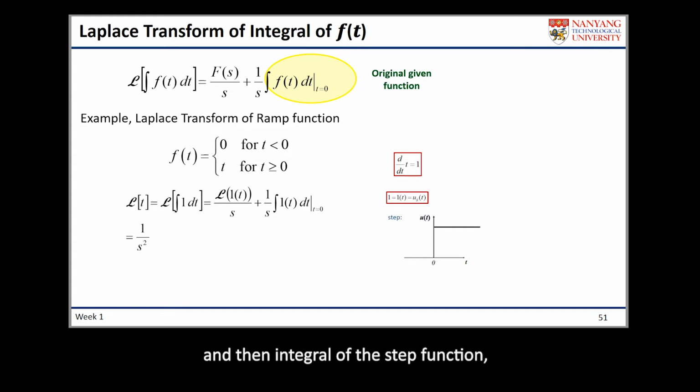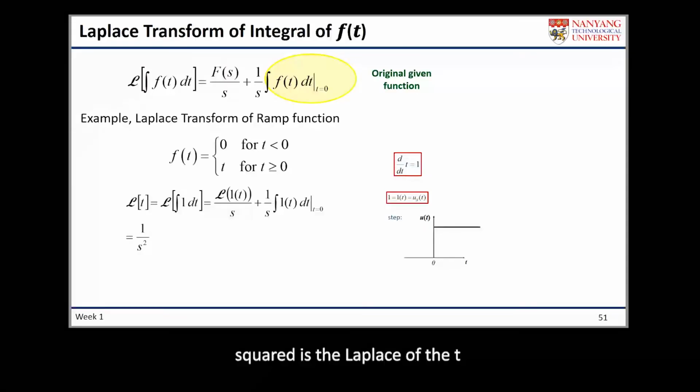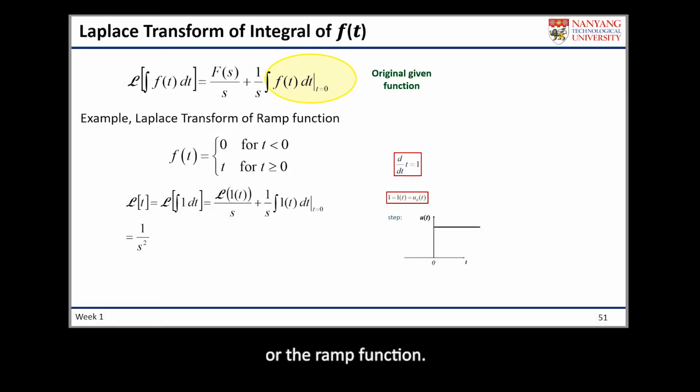The integral of a step function I can express as follows, because this will follow the integration property, the one that we just discussed before. So by evaluating this mathematical expression, you can find the solution, which is equal to 1 over s squared, and basically 1 over s squared is the Laplace of t, the ramp function. So this example illustrates the application of the third property of Laplace, which is the integration property.